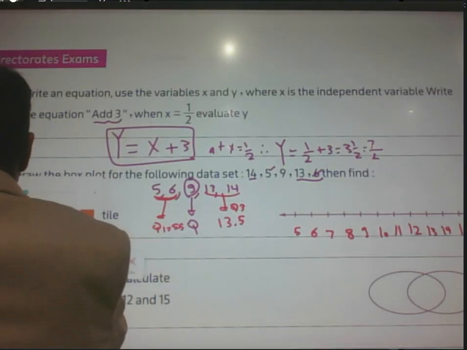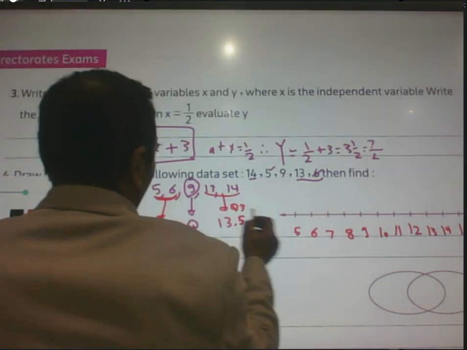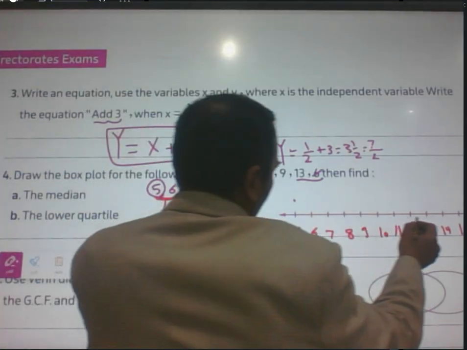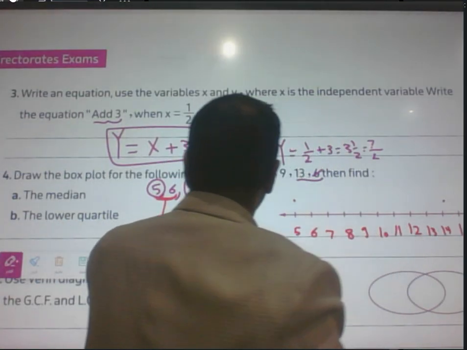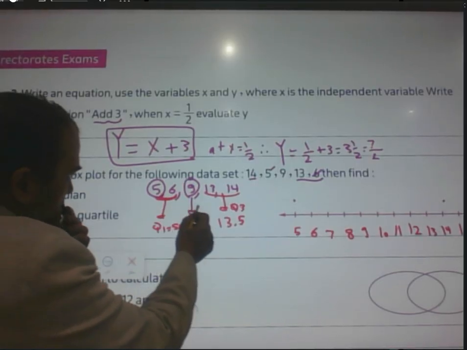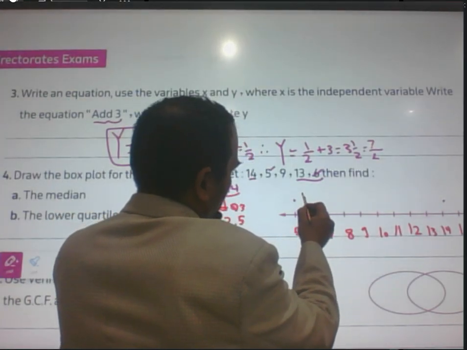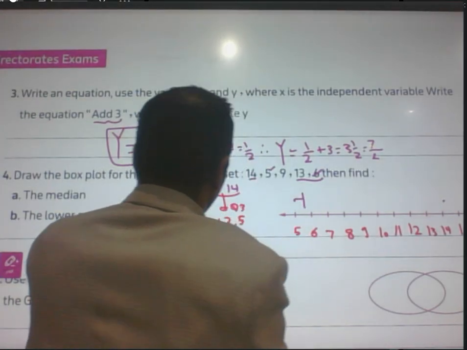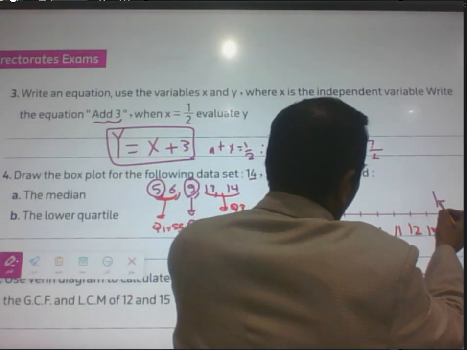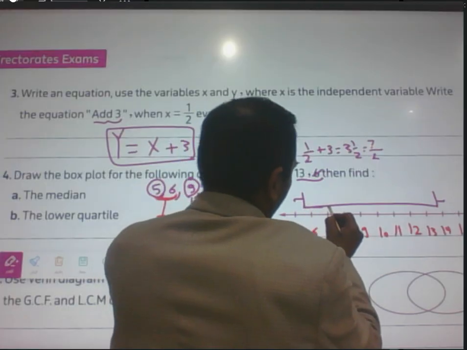Next step, I will write here the minimum 5 and the maximum 14. And quartile 1 will be 5.5, between 5 and 6, and 13.5 here between 13 and 14. And then draw the box like this.